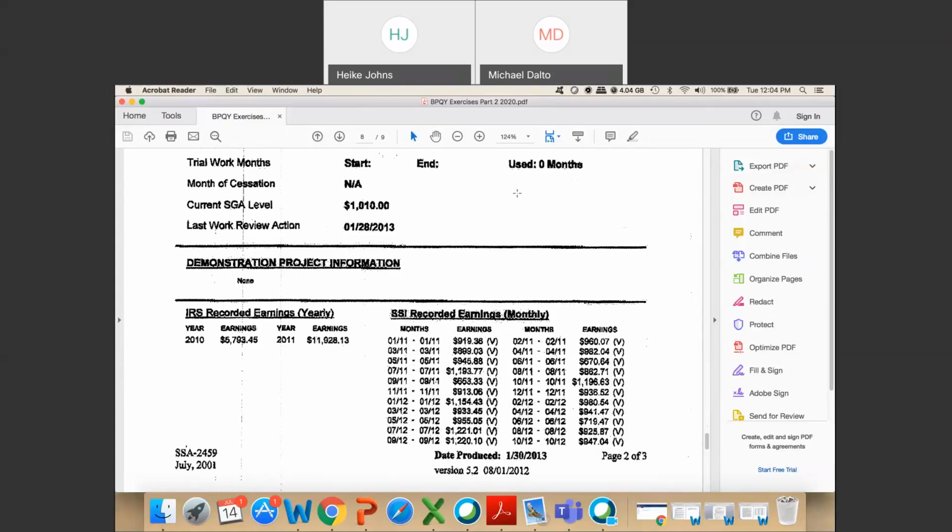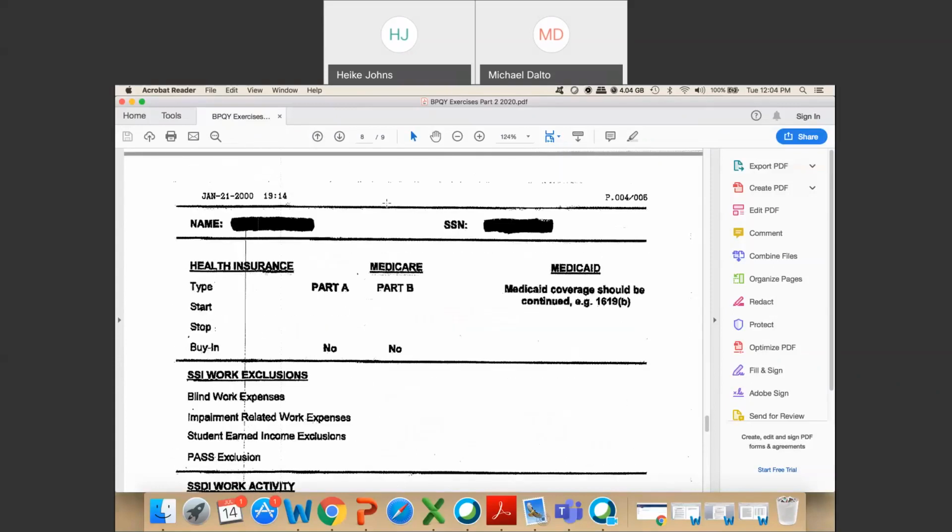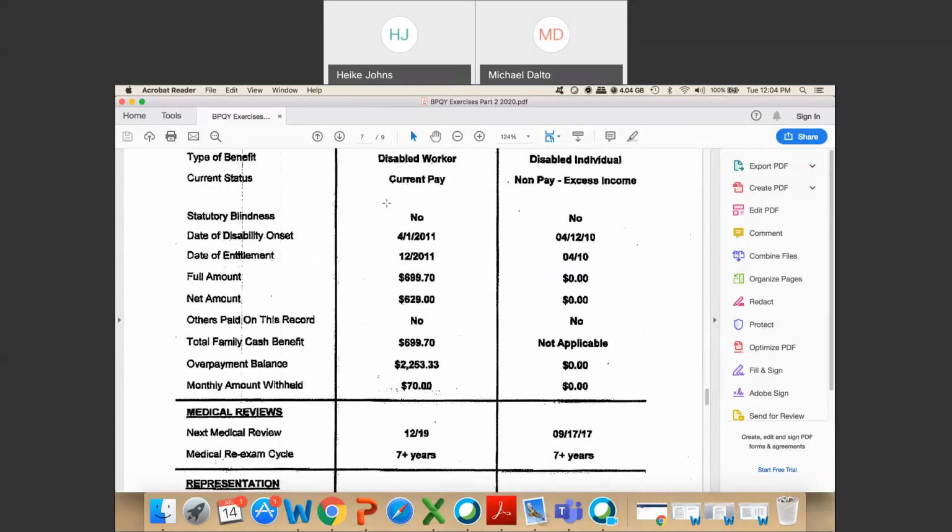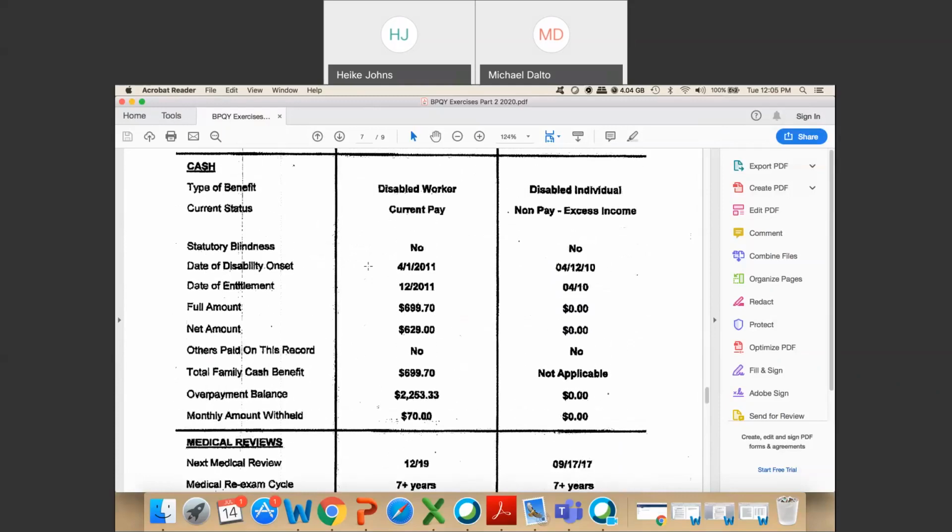And finally, let's look at whether this person may have done SGA within 12 months of onset. Our date of disability onset is April 2011 for the SSDI.